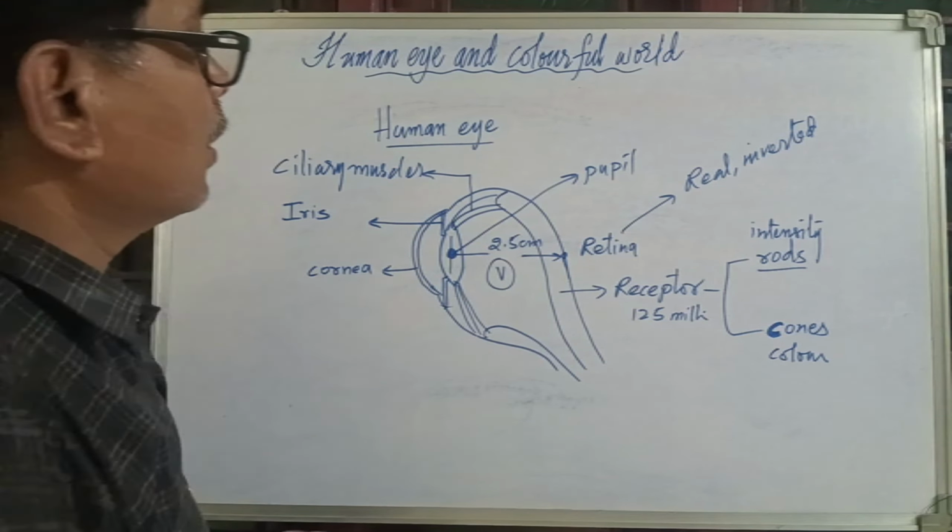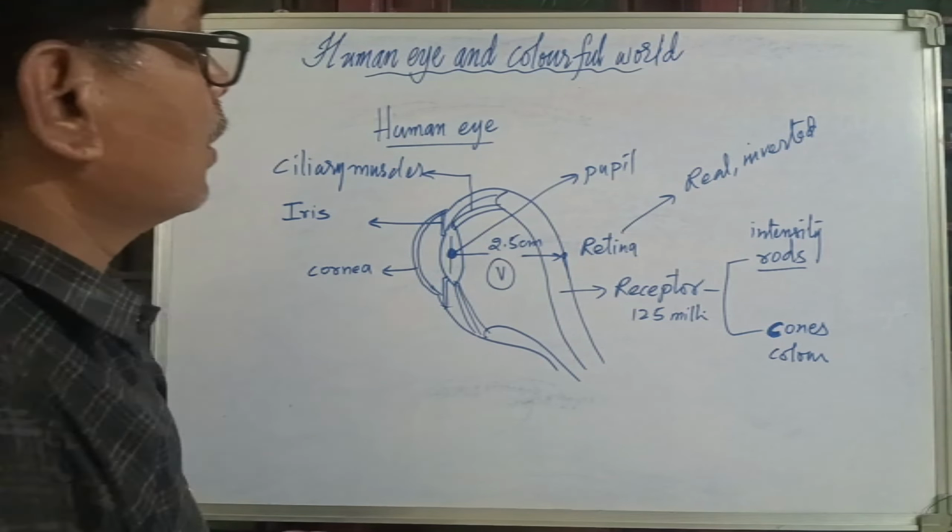Now we will see how much accommodation a human eye can do. So we come across two points: one is the maximum focal length of an eye, and the other is the minimum focal length of the human eye.